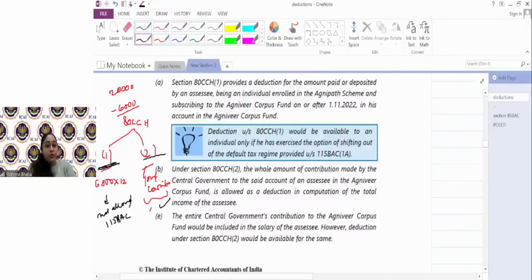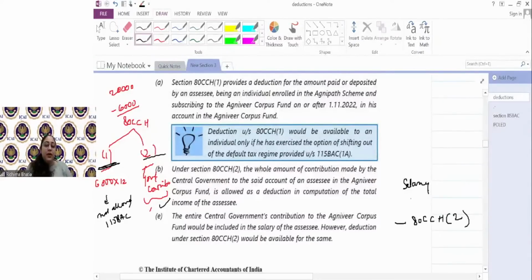And I hope you know that whatever contribution the government is making in my name as an Agniveer first becomes part of my salary, because they are making it as a perquisite in my name, so it's my salary. Then that same contribution would be deductible under 80CCH subsection 2. Got it?